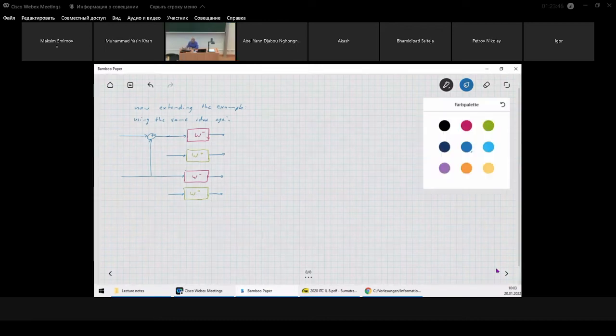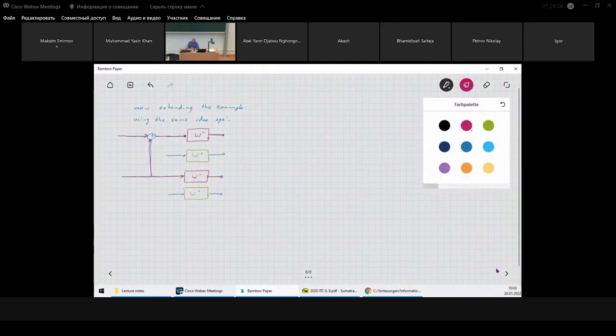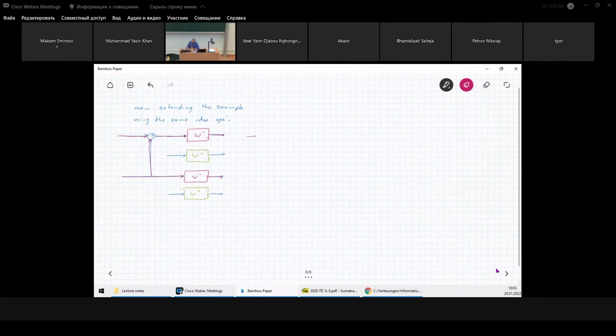So let me also draw this in color, so you don't miss the overview. This is related now to our W minus channels. It will result in worse channels.